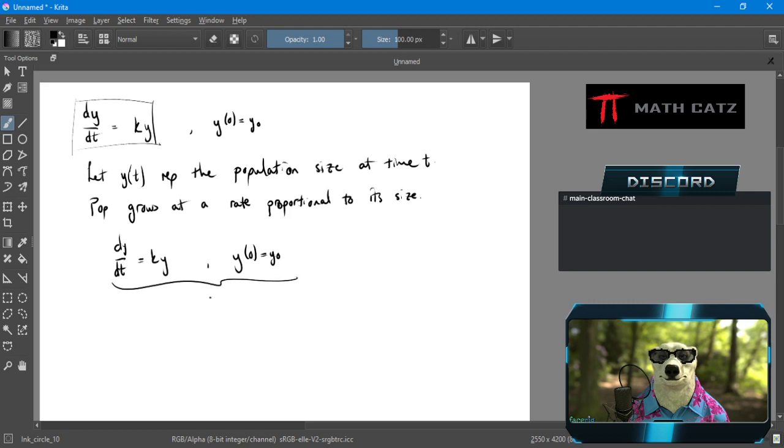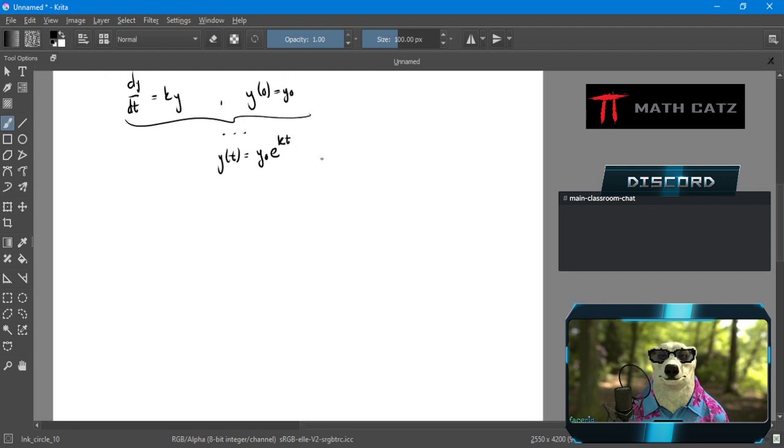This together, after a few steps, gives us our exponential growth function, initial population size times e to the kt. It's important to note here that k is positive. k is called the growth constant.